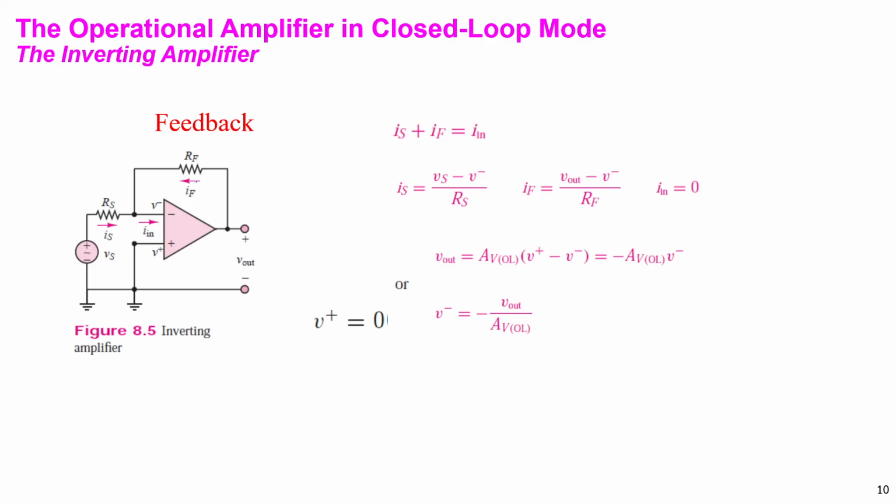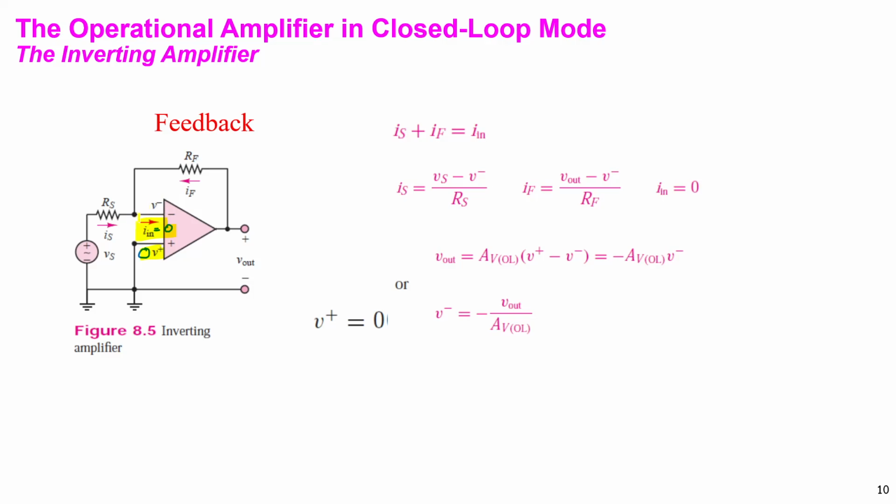What happens in this circuit? V positive will be 0, right? Yes, V positive is 0. And I_N is usually 0, right? This is the property of the op amp. So I_N is 0, V positive is 0. This is V negative.